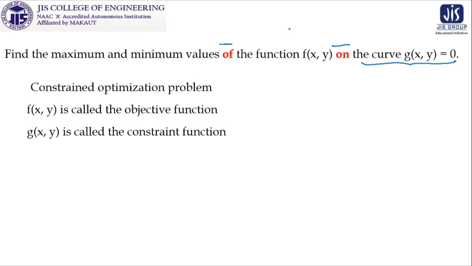So obviously, if the objective function changes but the constraint function remains the same, the ultimate output in general will change. Similarly, if your objective function remains the same but your constraint function changes, then in general the output should change.